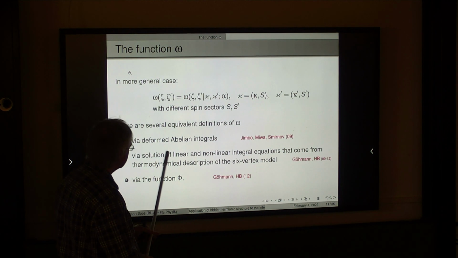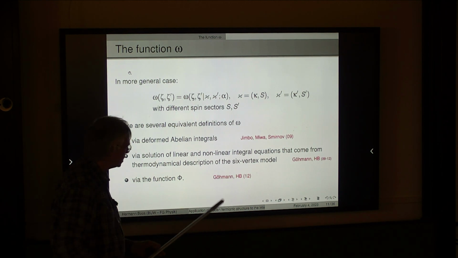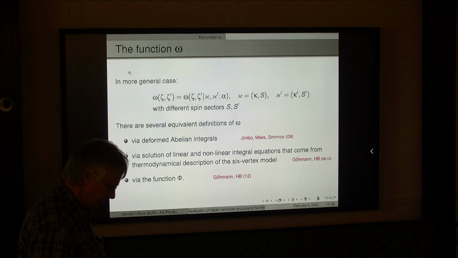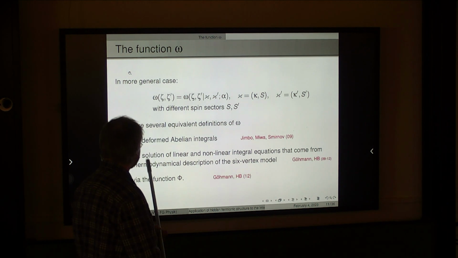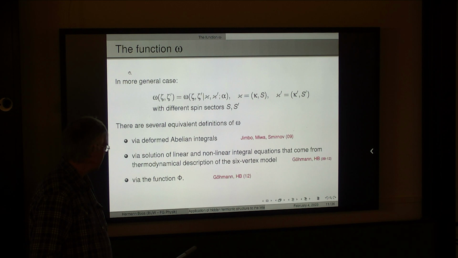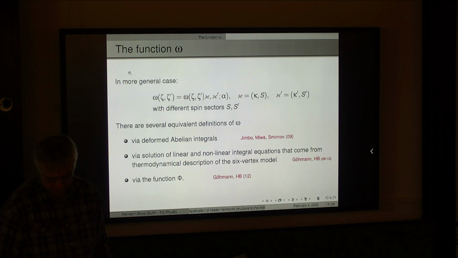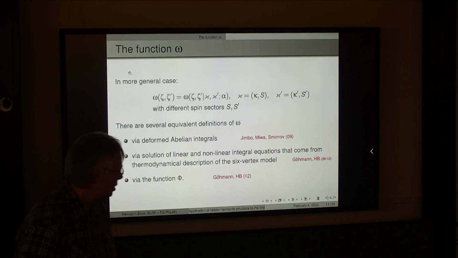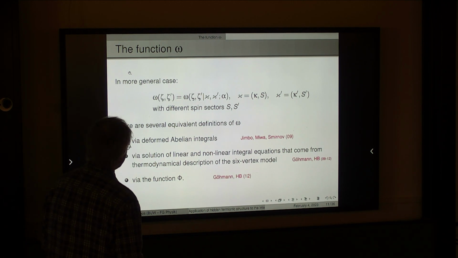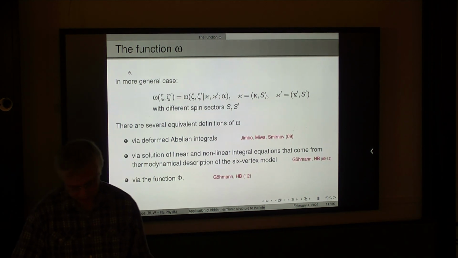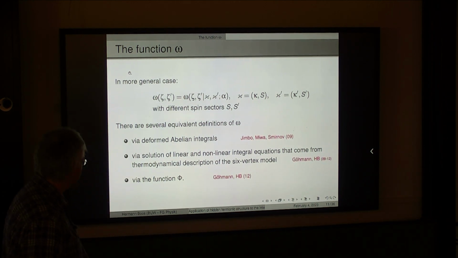And first one was suggested by Zimmermill and further in the paper about the theorem. It was given in terms of deformed abelian integrals. Very nice formulation, which was extremely important for the proof of the theorem. But unfortunately, it was not very convenient for taking continuum limit.